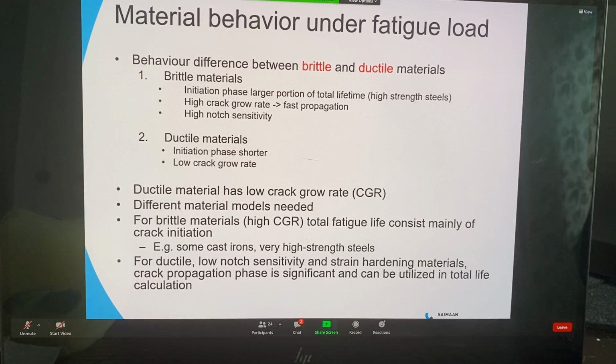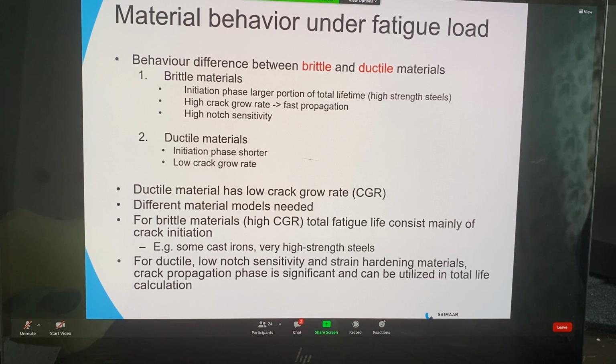So, what happens to a material when it's under fatigue load? There is a main division that can be done between brittle and ductile. Brittle materials tend to have a fairly long initiation phase because they usually have high strength. Usually the brittle materials are the ones that have the high strength.